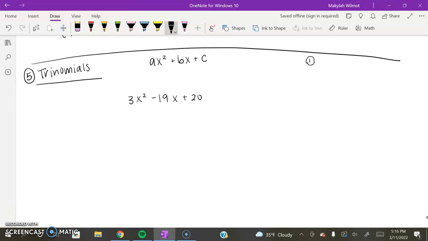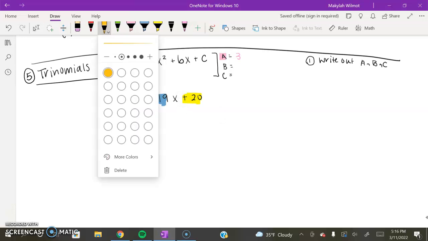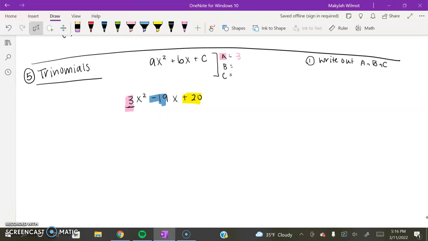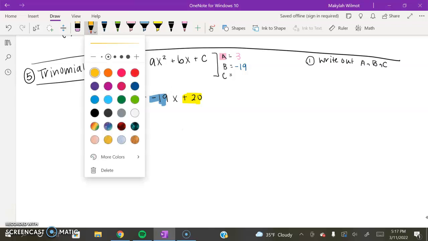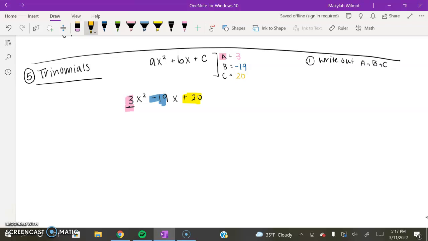Your first step is going to be to write out A, B, and C. So A is equal to 3, B is equal to negative 19, and C is equal to 20. Okay?